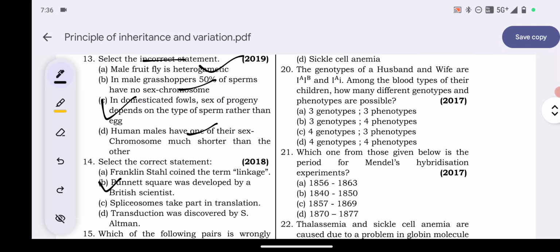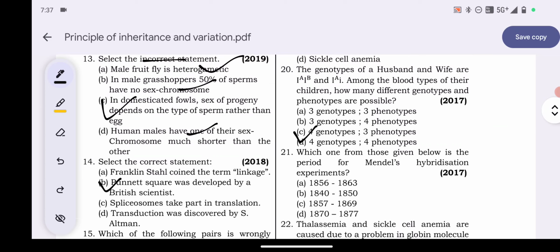Among the blood groups of their children, how many different genotypes and phenotypes are possible? 3 genotypes, 3 phenotypes; or 3 genotypes, 4 phenotypes; 4 genotypes, 3 phenotypes; 4 genotypes, 4 phenotypes. So here the husband is IA IB and the wife is IA i. Based on their blood groups, how many genotype and phenotype possibilities can there be in the children? So here the answer will be option C, that is 4 genotypes and 3 phenotypes.